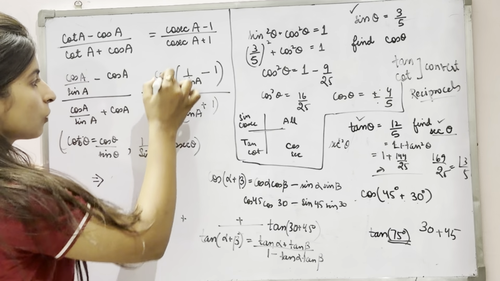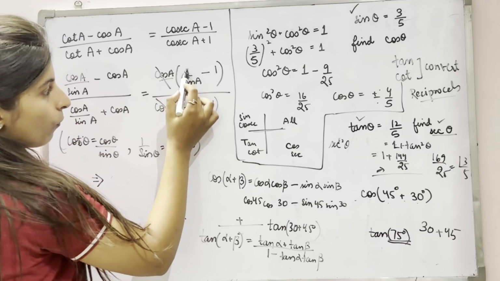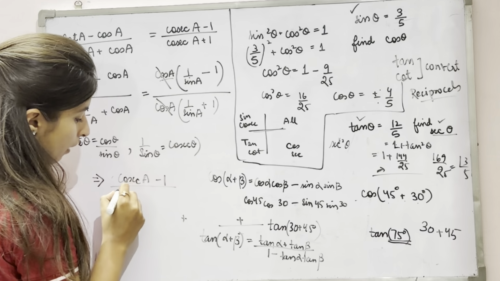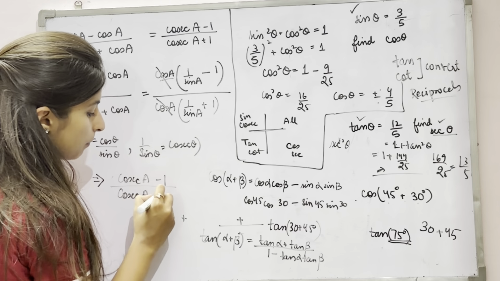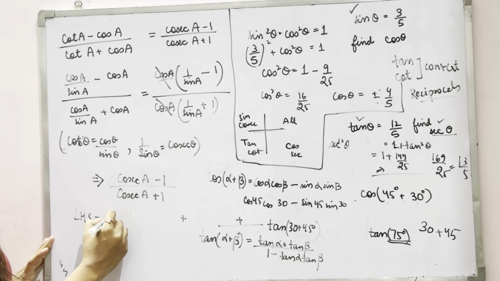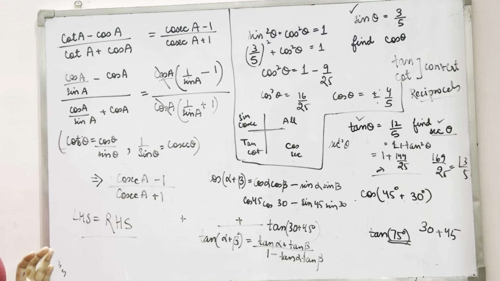Oh, sorry. This cos A and cos A gets cancelled. 1 upon sin is cosecant A minus 1 upon cosecant A plus 1. Hence, prove LHS equals RHS.